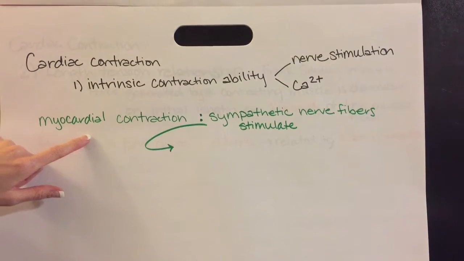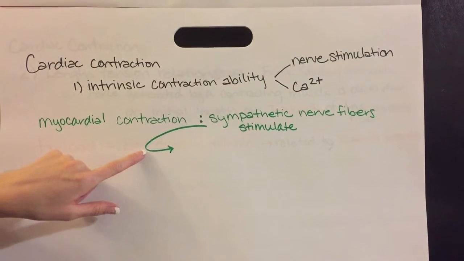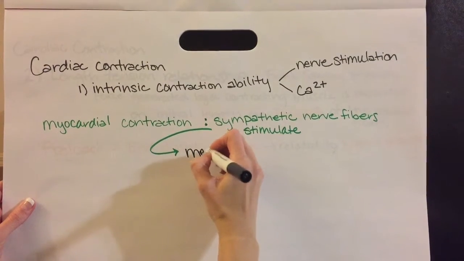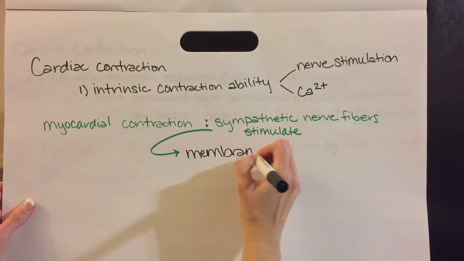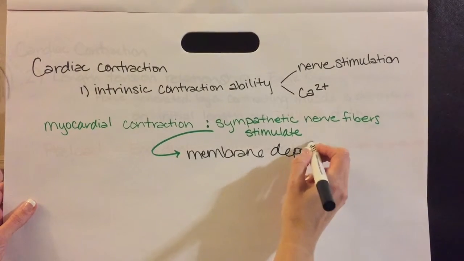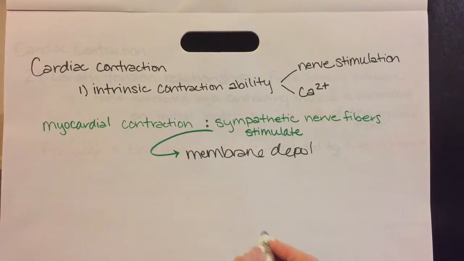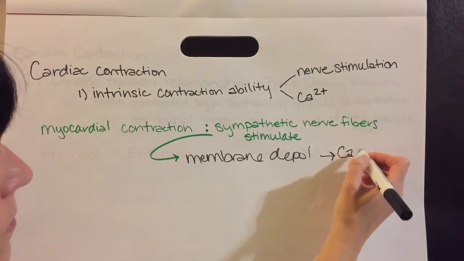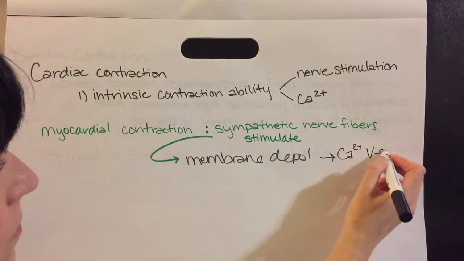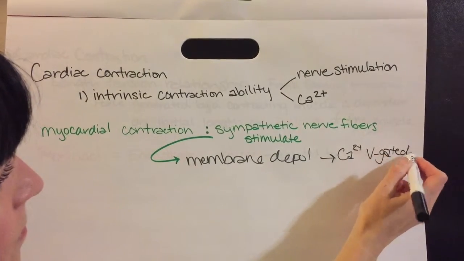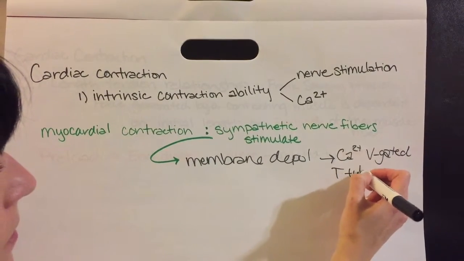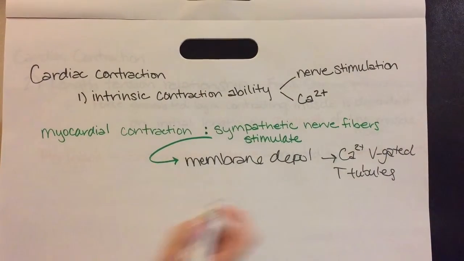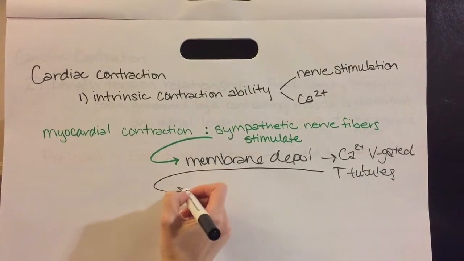So myocardial contraction is stimulated by sympathetic nerve fibers, which stimulate membrane depolarization, which triggers voltage-gated calcium channels, which are in the T-tubules, which then induce calcium release.